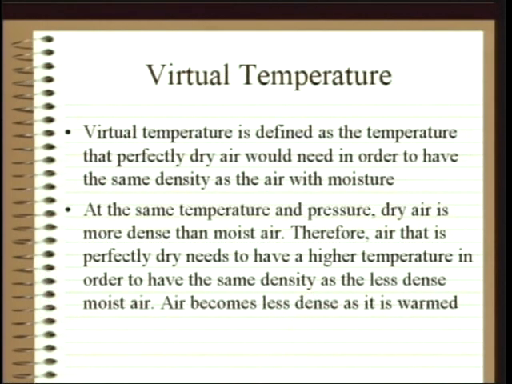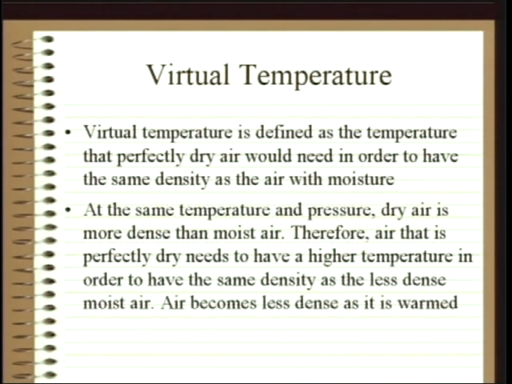Virtual temperature is defined as the temperature that perfectly dry air would need in order to have the same density as the air with moisture. At the same temperature and pressure, dry air is more dense than moist air.